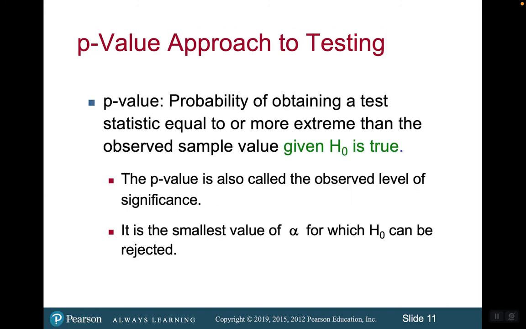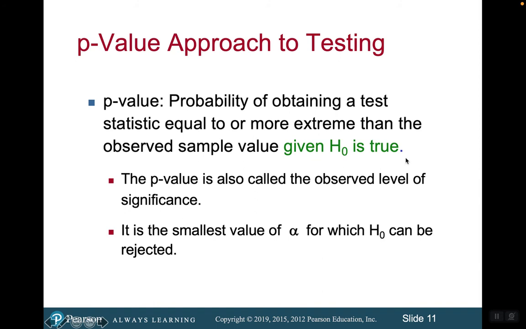All right. So, our p-value approach to testing. We're looking at the probability of obtaining a test statistic equal to or greater than the observed sample, given that H0 is true.